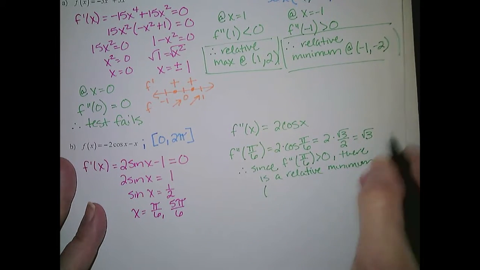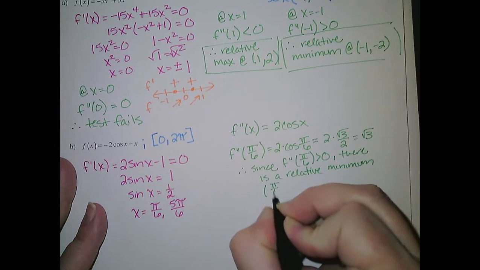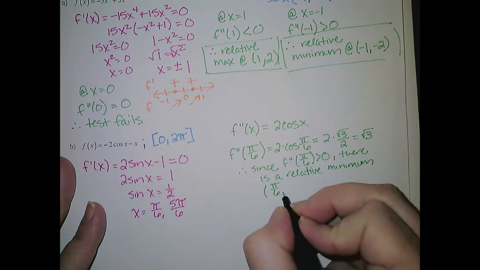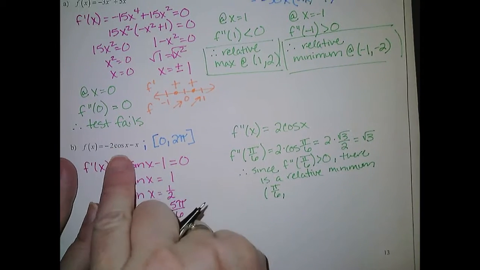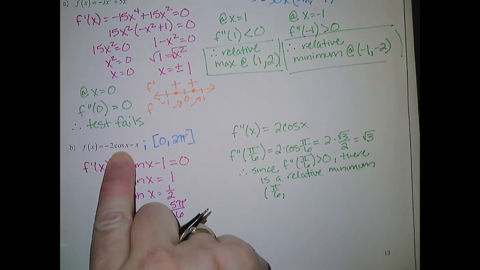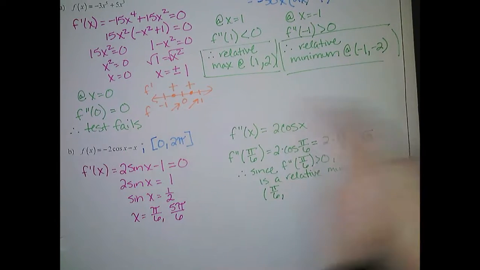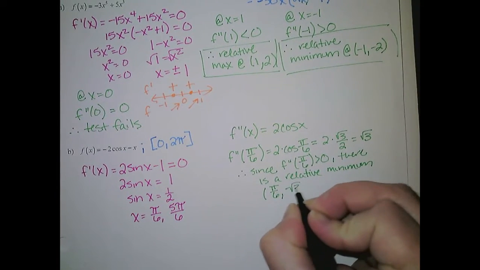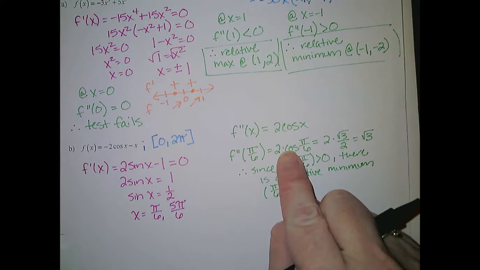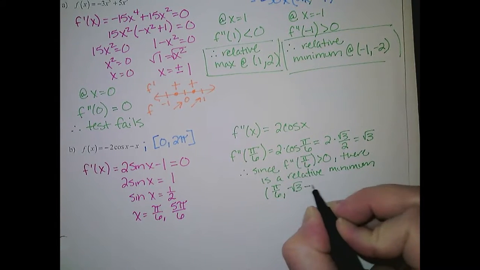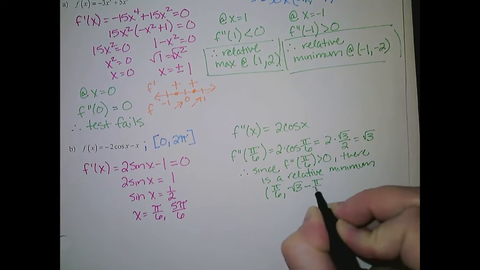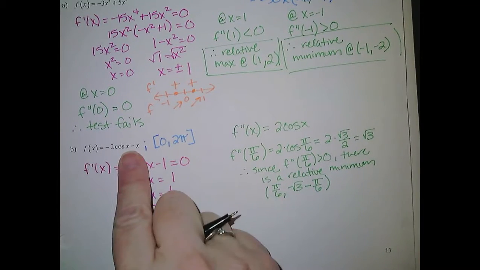And our x value is pi over 6. Our function value would be negative 2 times cosine of pi over 6, which would be negative square root of 3. We've already calculated that part. Minus pi over 6, plugging back into our original function.